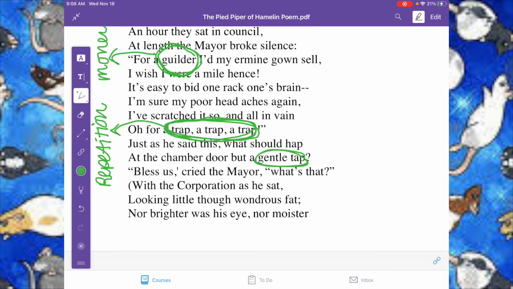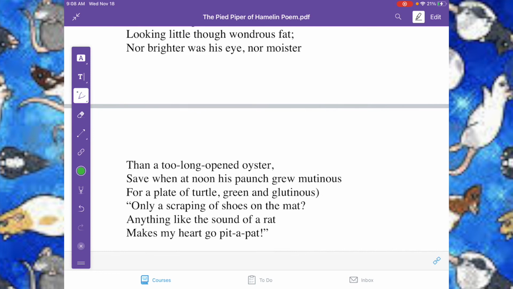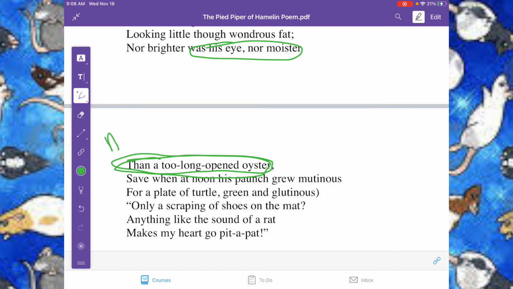Gentle tap. We have a little rapping at the door. This is some sensory language. His eye was moister than a too long open oyster. This is an analogy.